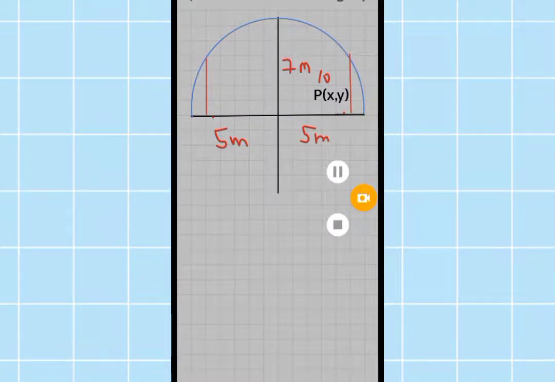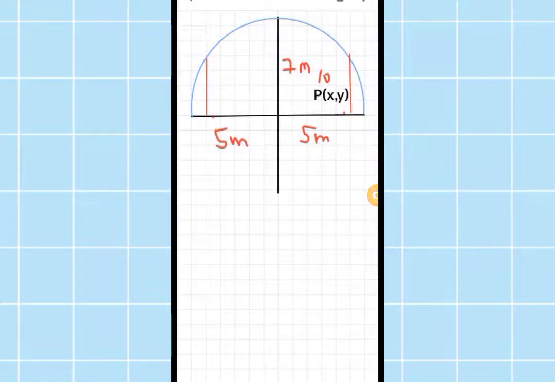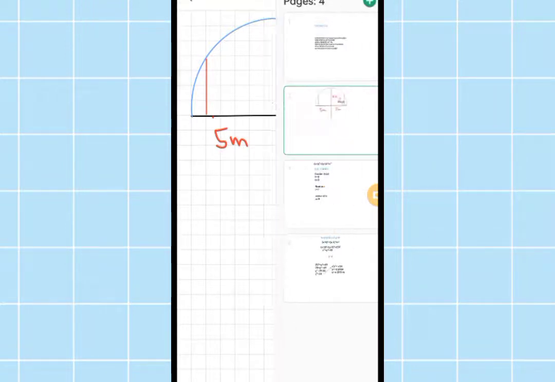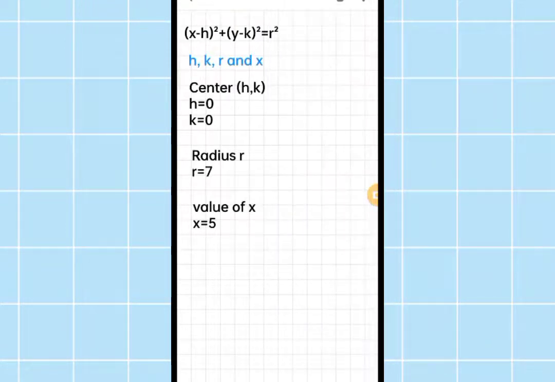Remember that the equation of a circle in standard form is (x − h)² + (y − k)² = r².